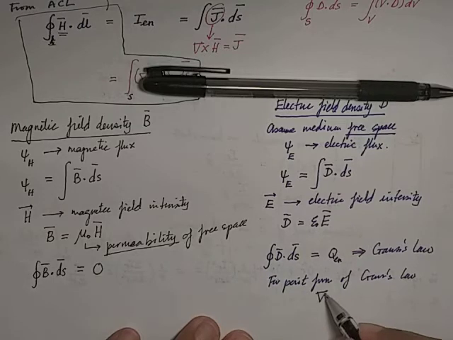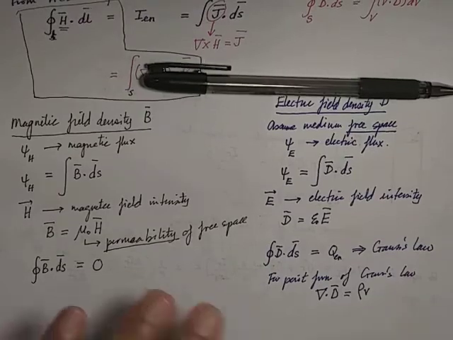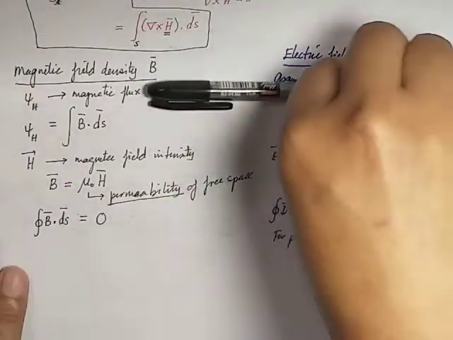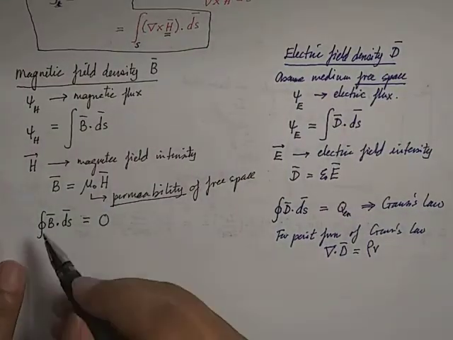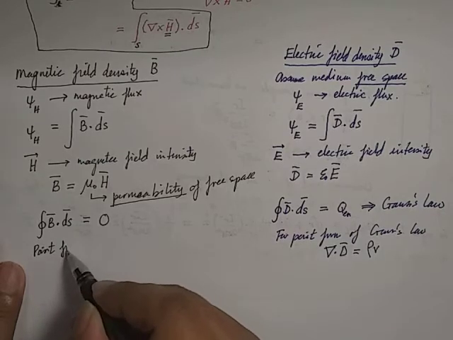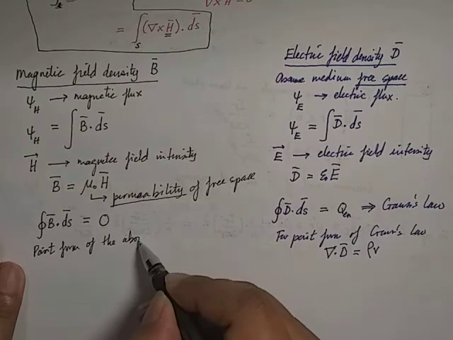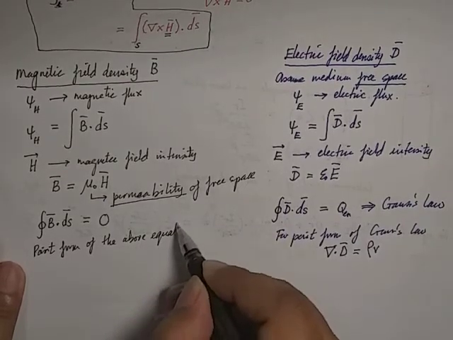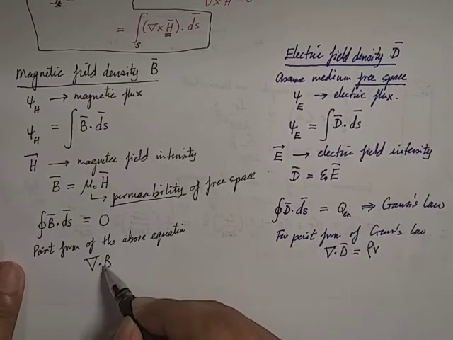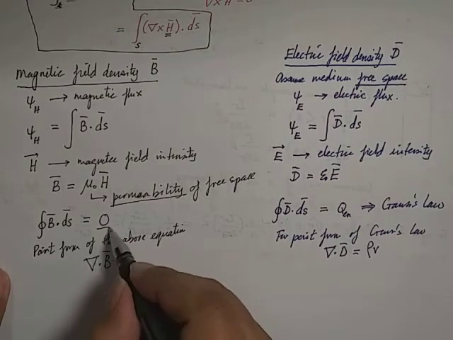Divergence of D equal to rho V. Now for the point form of this equation, what will it be equal to? Divergence of B, okay, will be equal to, as stated here, what now? 0.